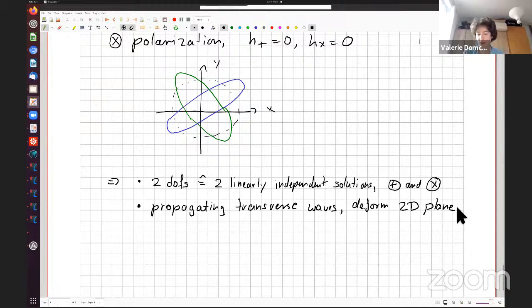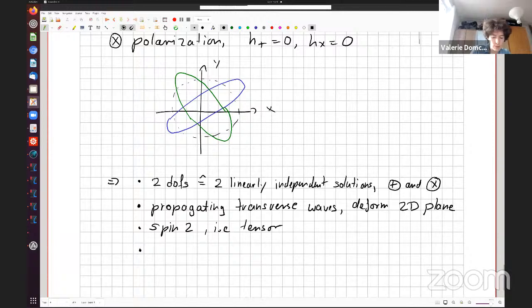This is precisely why the photon is a vector particle, a spin 1 particle, and here we have a spin 2 particle, in other words, a tensor.